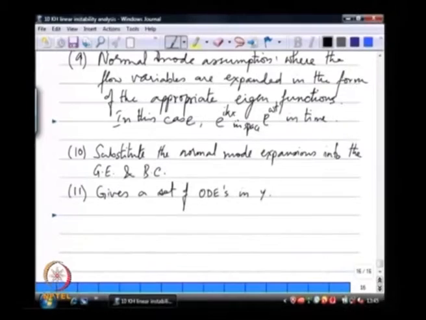Okay. So, let us complete this. If I say I have a set of ordinary differential equations in y, I now know the complete solution.